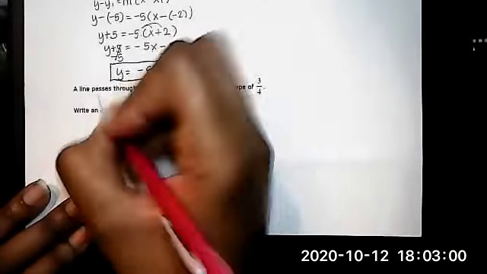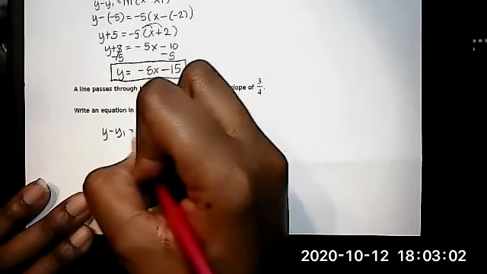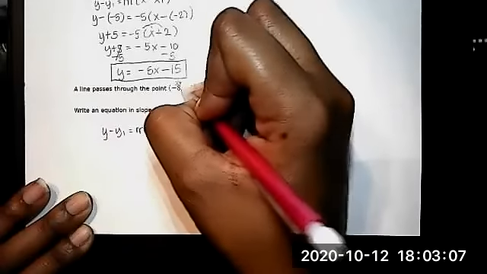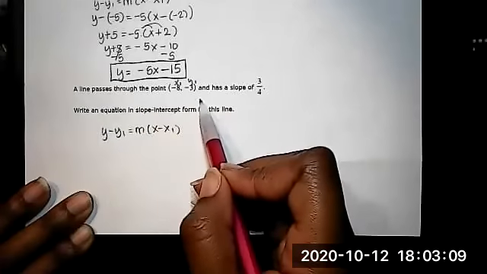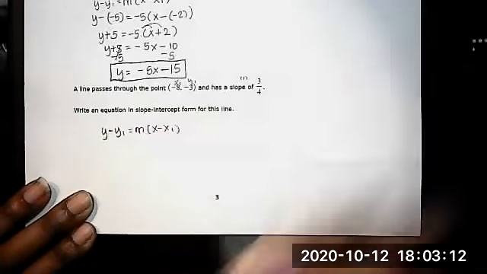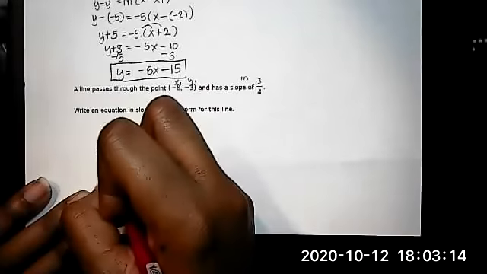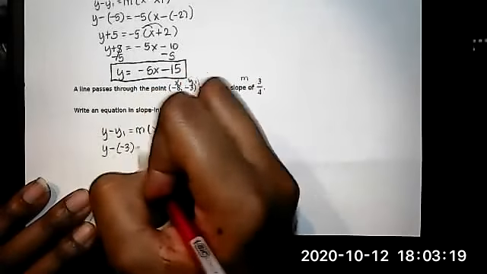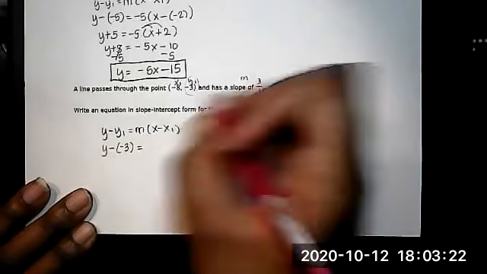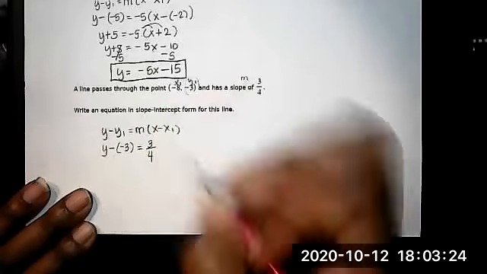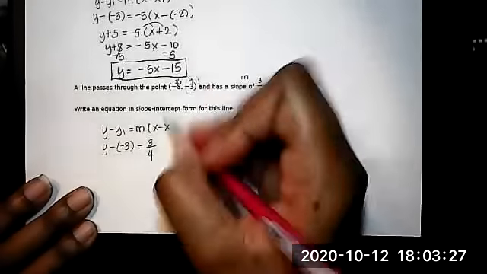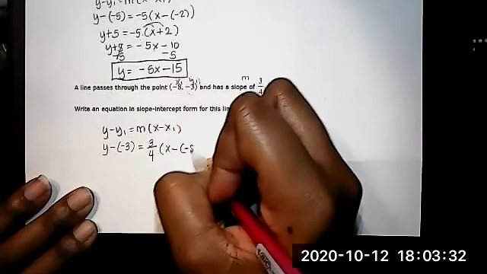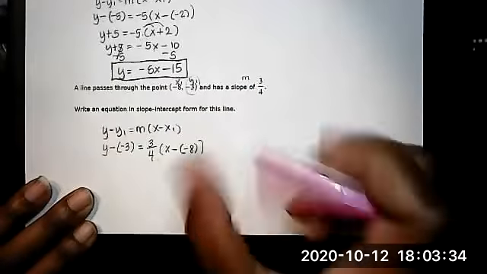Point-slope form is y minus y1 equals m times x minus x1. Your point is x1, y1. Each point has an x and a y. This represents m for slope. Y minus y1 is -3 equals, your slope is 3/4, okay, times x minus -8 is your x value, okay?